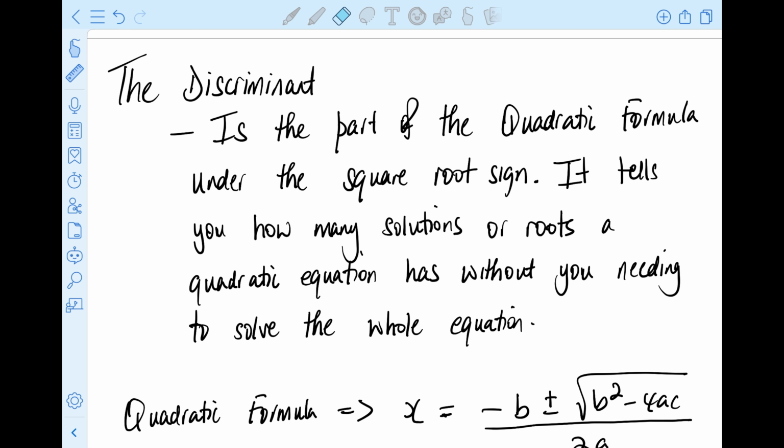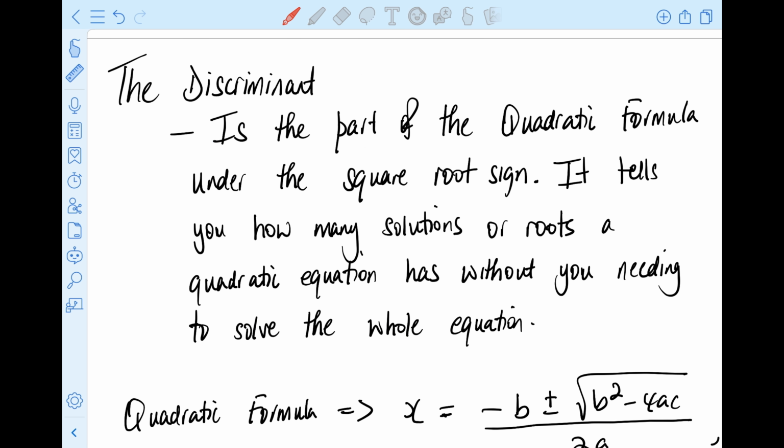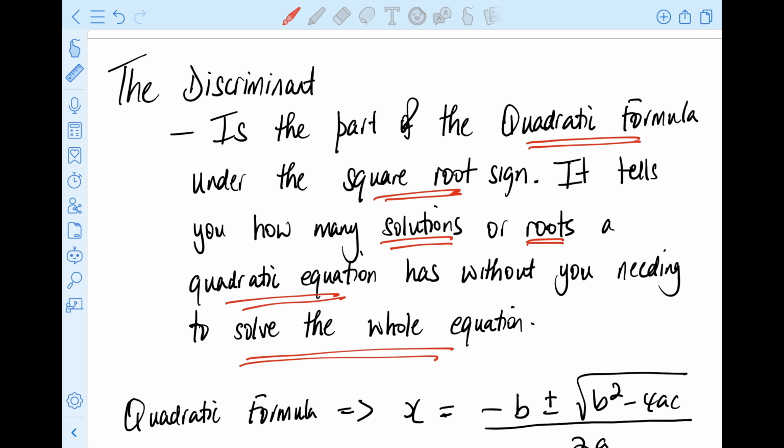All of this has just been laying the foundation. So the discriminant, right, is the part of the quadratic formula. That's something else we're going to touch on shortly. That's under the square root sign. It tells us how many solutions or roots a quadratic equation has without you needing to solve the whole equation.